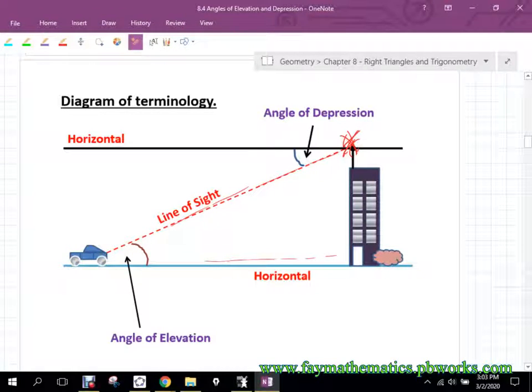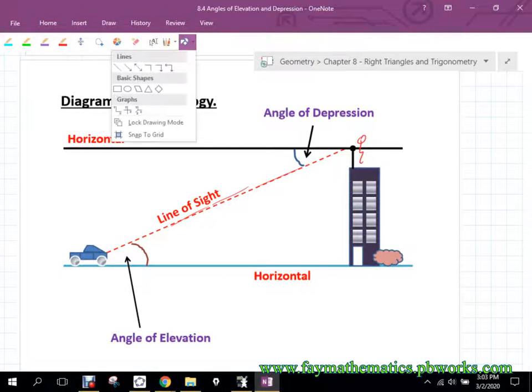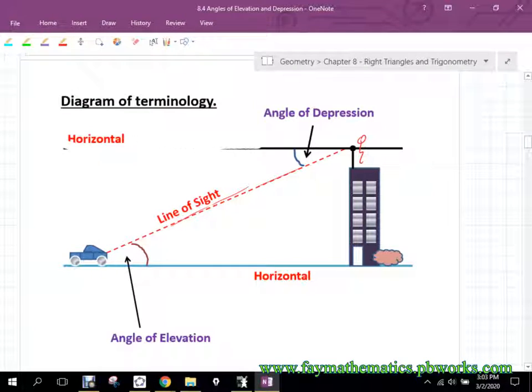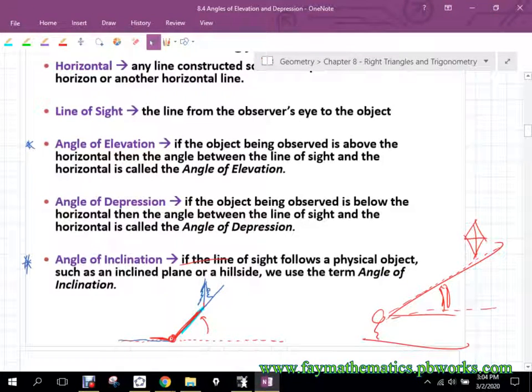This picture also provides the scenario where we could be standing up here, on the flagpole or next to it, looking at this person in the truck. When we do that, the picture you're going to see most of the time is that line is not going to be there. If they say you are a person standing on the building, and your angle of depression to the truck is, let's say, 35 degrees, look at what the definition of angle of depression says: the object being observed is below the horizontal.